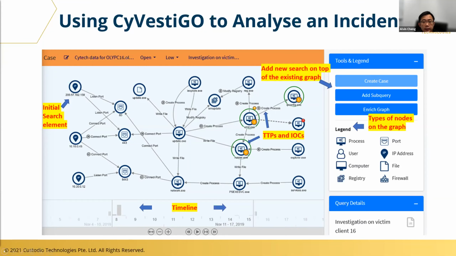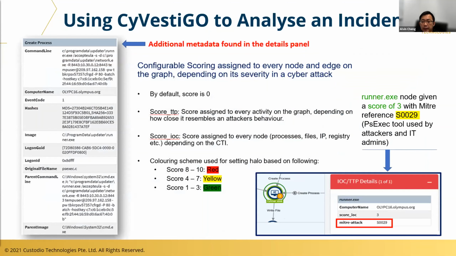The graph you've seen earlier gives you a high-level overview of what happened in the network or endpoint. We can dive deeper, as I mentioned, by clicking on the nodes or edges on the graph. When you click on a node or edge, you can see information appearing on the left-hand side of the screen. It shows very low-level information that is important for analysts to validate whether something really bad has happened.